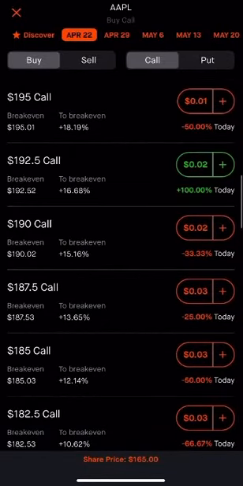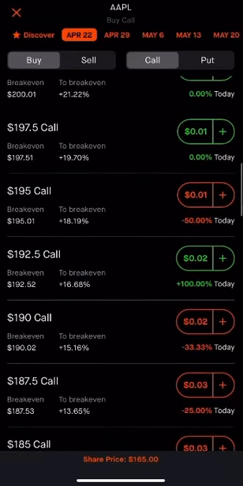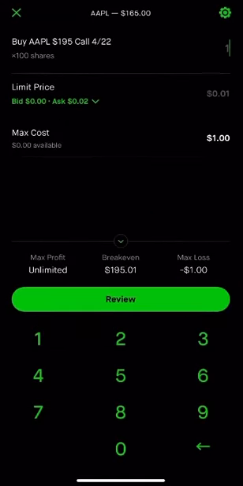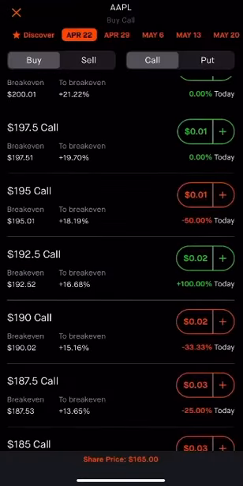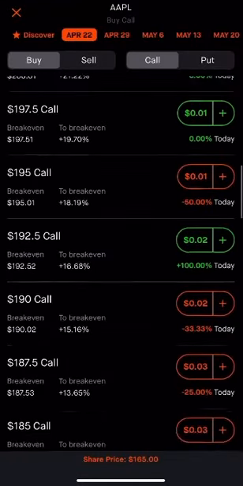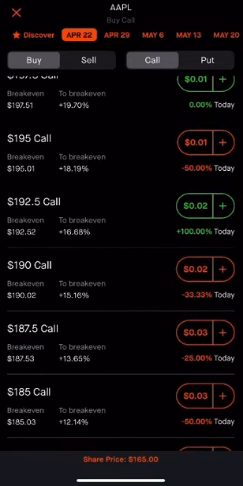If you're doing pretty far out of the money calls, like something really unrealistic, like 195 by the 22nd of April, you're most likely not even going to be able to sell that contract just because no one's even thinking about buying it in the first place. So that is something to look out for. That's just a tip I realized when I first started out trading, there's something called liquidity. If there's no liquidity, there's no buyers, then you can't sell.